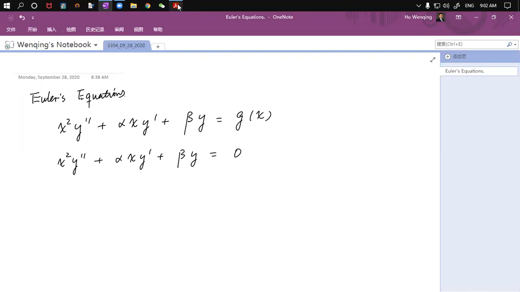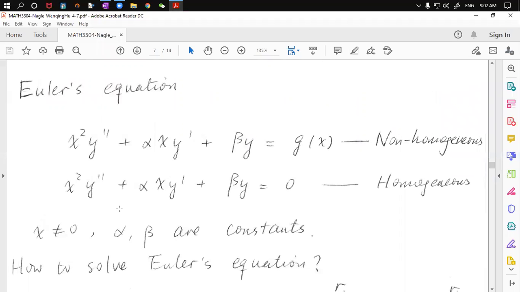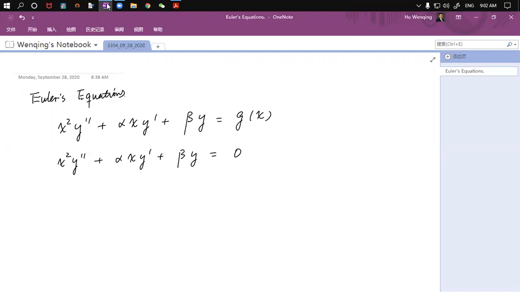So let us look at the Euler's equation more carefully. You're going to see that we're looking for the function y is equal to y of x, right?